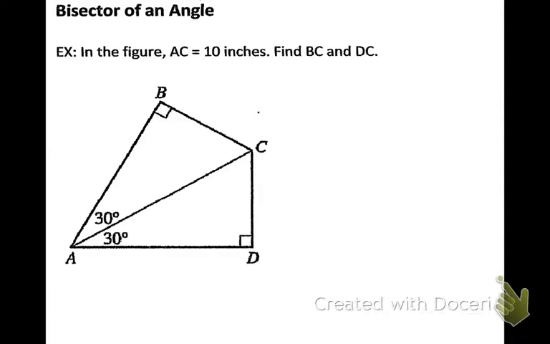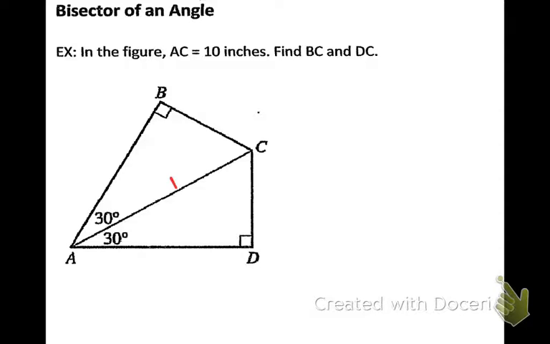Bisector of an angle. In the figure, AC equals 10 inches. Find BC and DC. All right. So first of all, before we go on to finding the angle, let's talk about the triangles.